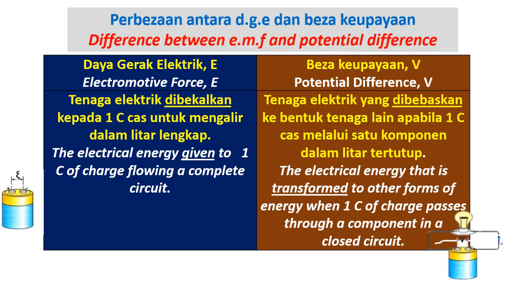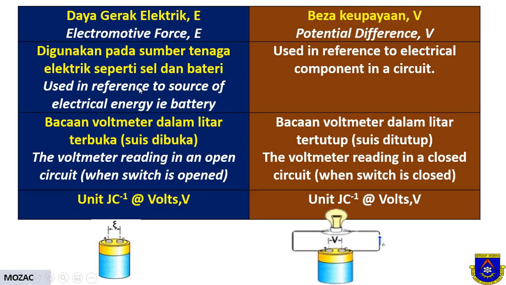Again, electromotive force is used in reference to the source of the electrical energy, that is the battery. On the other side, the potential difference is a reference to an electrical component in a circuit, such as a light bulb or motor. Another one is, EMF we can get from the voltmeter reading in an open circuit, when the switch is open, while the potential difference is given by the voltmeter reading in the closed circuit, when the switch is closed.